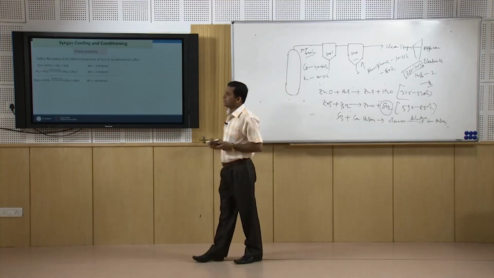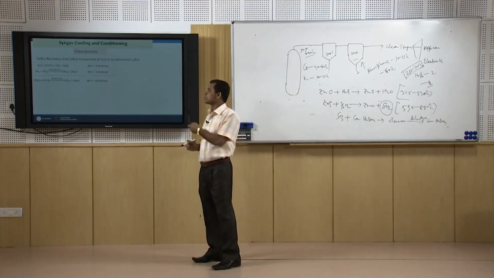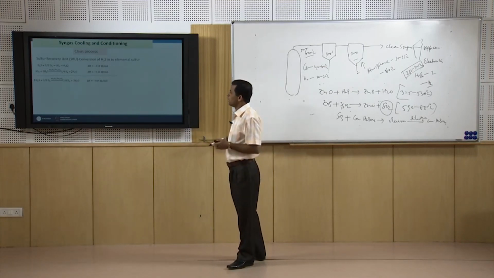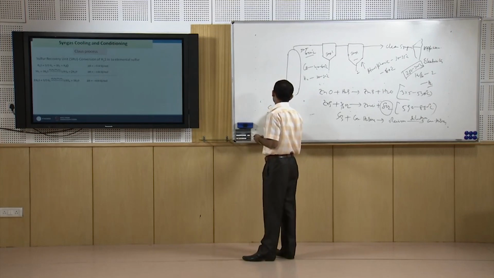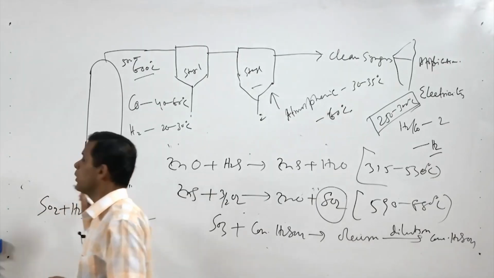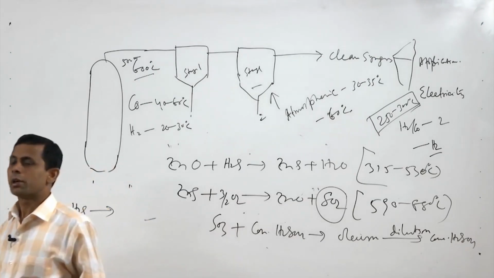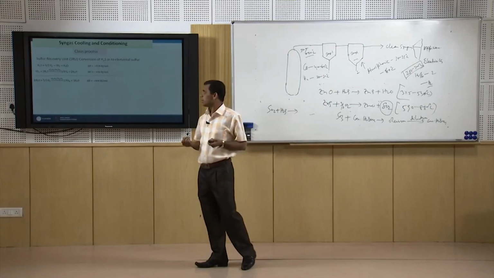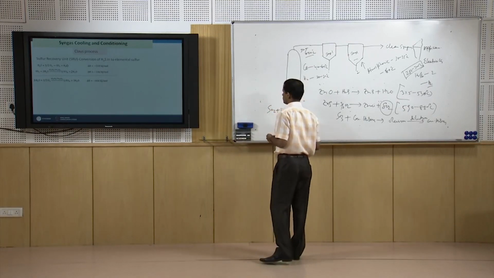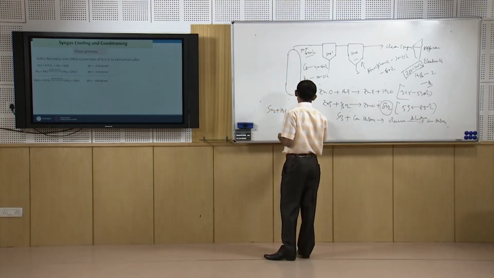In this Claus process, H2S partially reacts with oxygen and forms SO2 and H2O. Then SO2 and H2S react in the presence of a catalyst, Fe2O3 or Al2O3, and give us 3/8 S8 plus 2H2O.